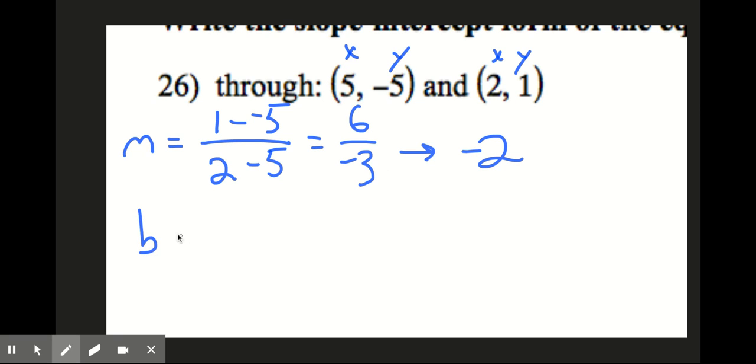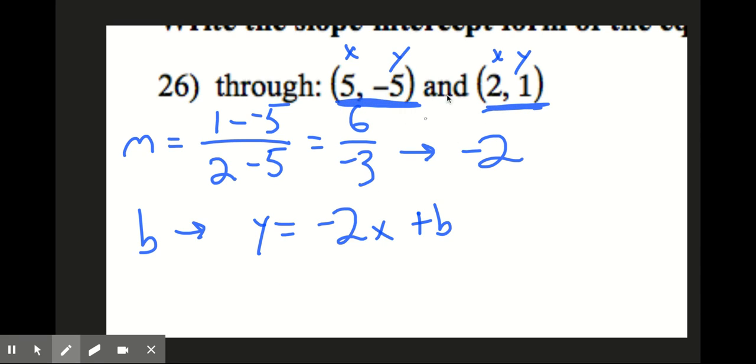So now I need to find the b value by taking y equals negative 2x and filling in the information from either one of these. They're both points on the line, you guys, so they have to satisfy the equation. They have to work. All right, I'll go with the smaller numbers just because. So 1 needs to be equal to negative 2 times 2 plus b.